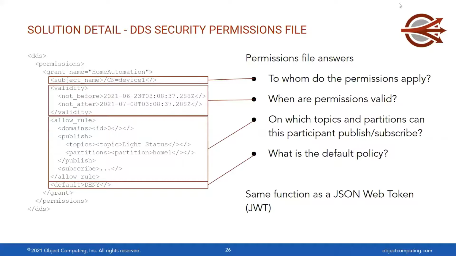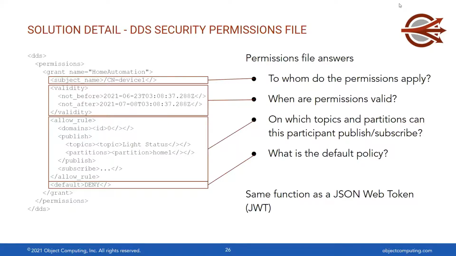We haven't mentioned partitions yet, but partitions are a way to decompose the global data space in a way that's orthogonal to the topics. In this particular case, our application would have different partitions for the various homes that each user has.